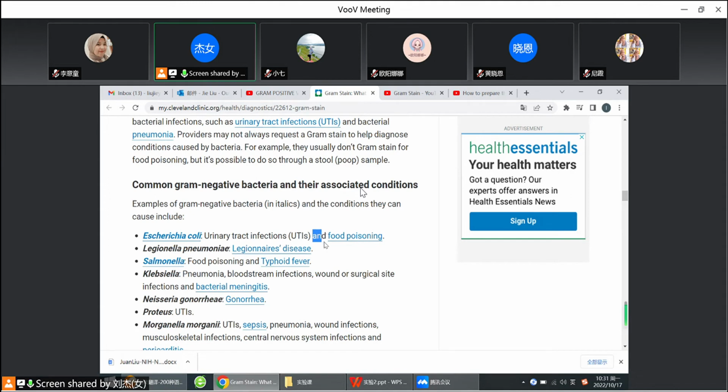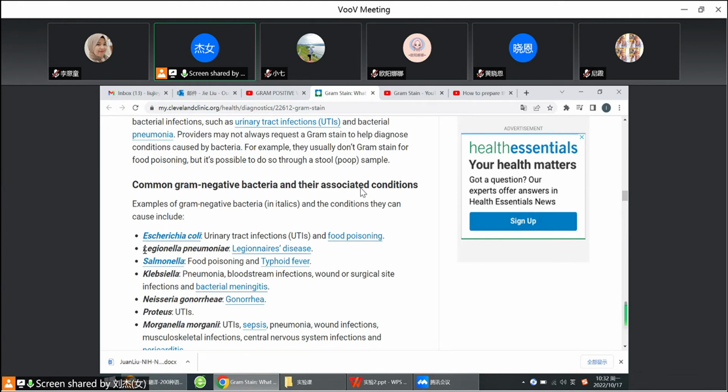Food poisoning means, when the food is polluted or contaminated by E. coli, and you eat this kind of food, then you will feel toxic in your digestive system. You will get a digestive infection. It will cause vomiting and diarrhea and even some fever, something like this.